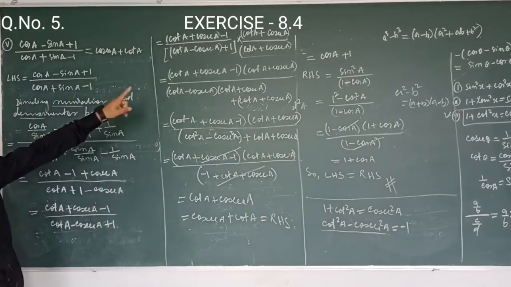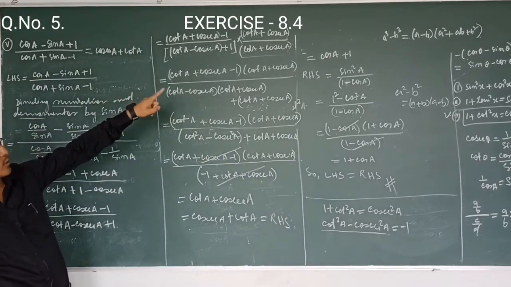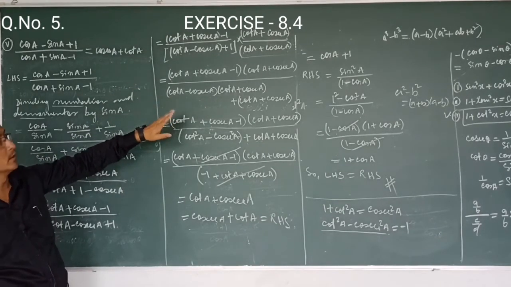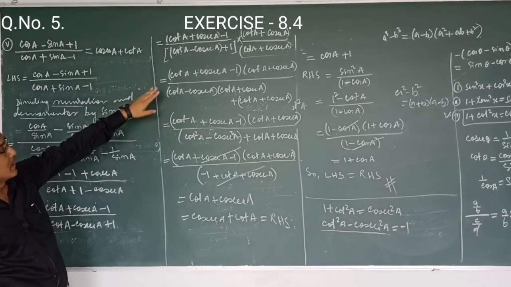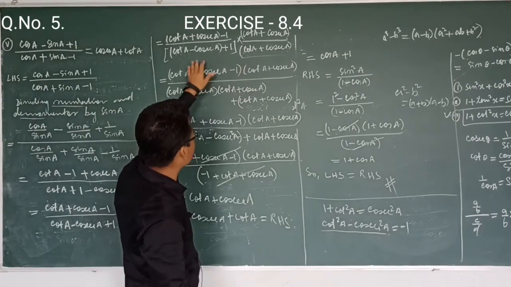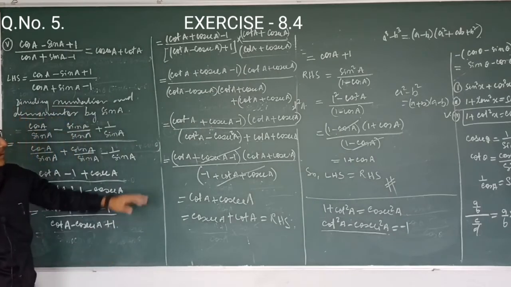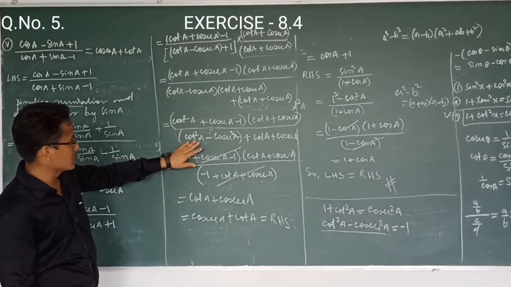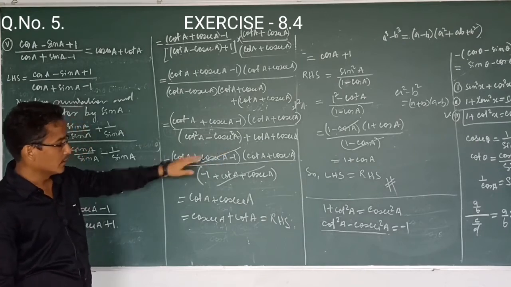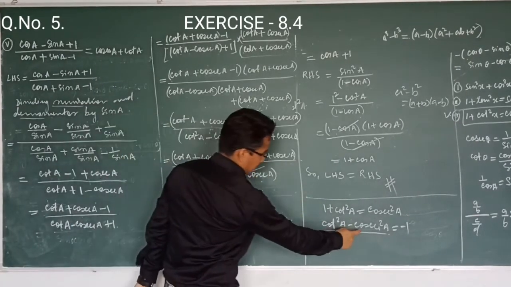What can we do? We multiply cot A plus cosec A to numerator and denominator also for balancing the equation. When we multiply, we do not multiply the numerator here, and we multiply the denominator. If you multiply the denominator, then you will get this cot square A minus cosec square A. Then this we will know that this is minus 1.